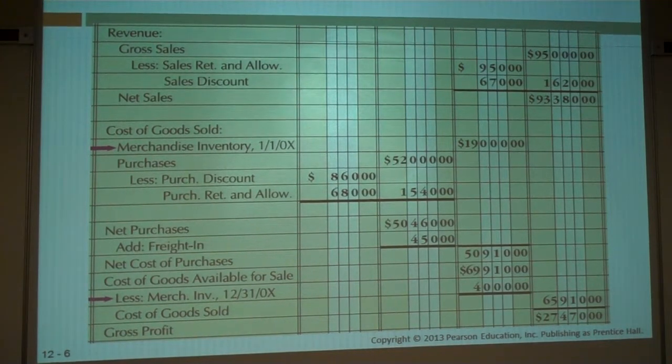And when we subtract the cost of goods sold from our net sales, it's not yet net income or net loss, but it's our gross profit. We still have some other things that we need to subtract from that. What else do we need to subtract on the income statement from the gross profit?